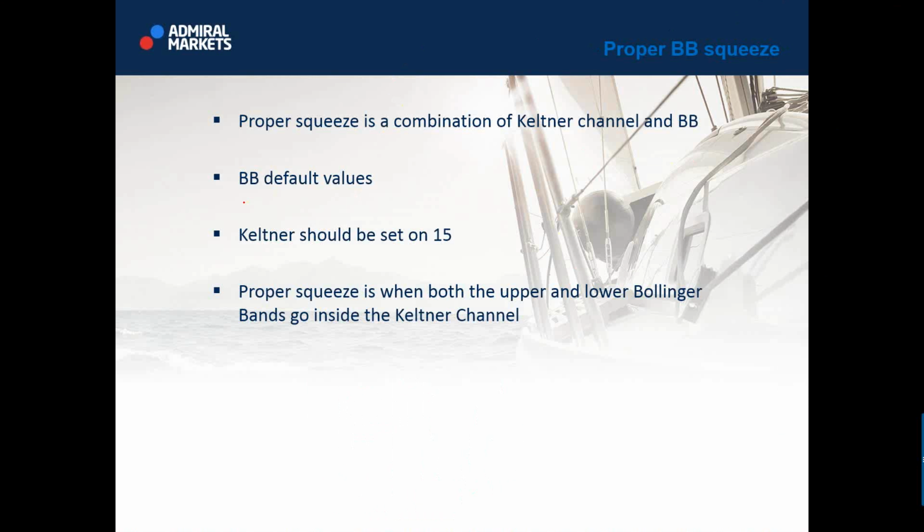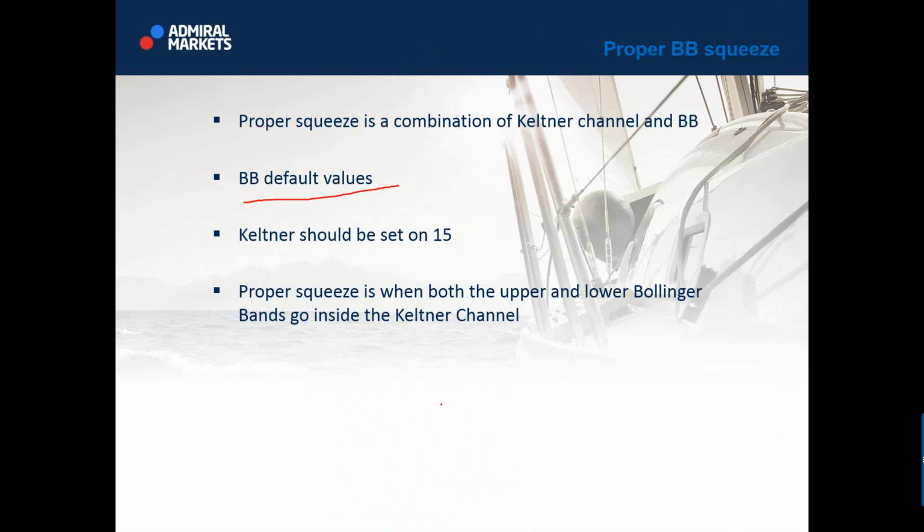Bollinger Band should be put and left on default values, and Keltner should be set on 15 period. The default value for the Keltner channel indicator is 10. You need to set it on 15.